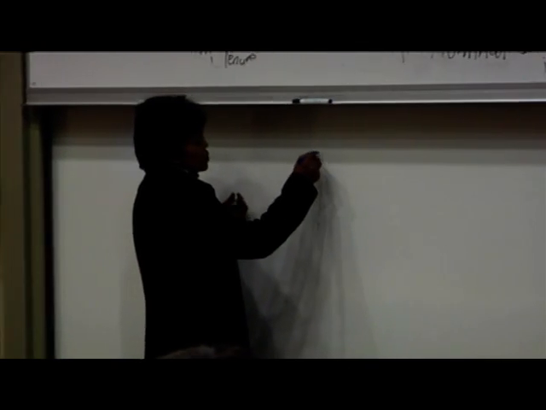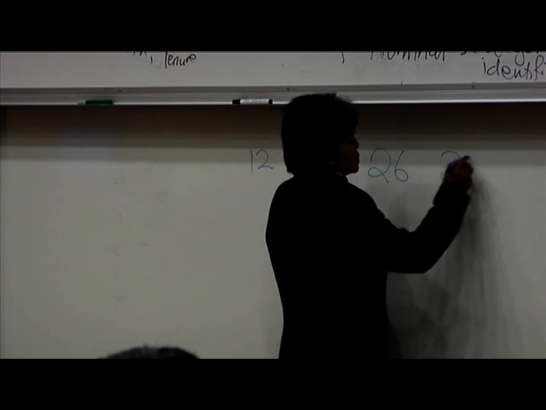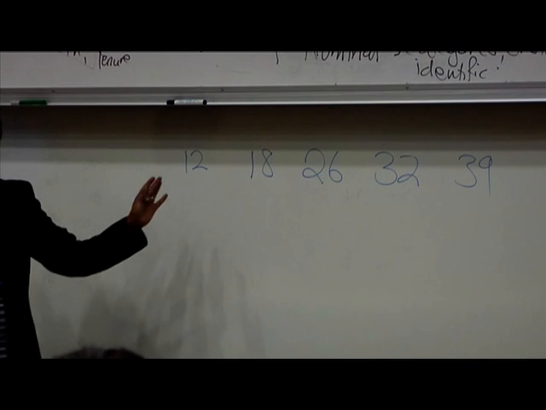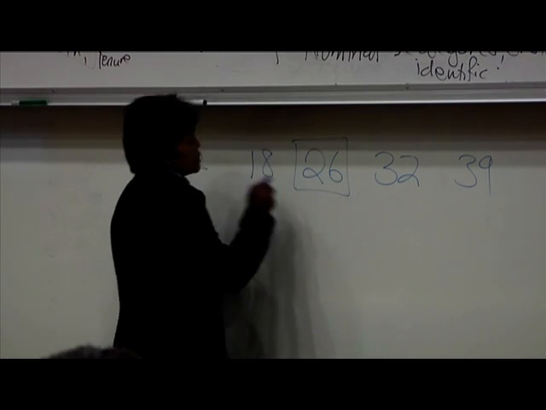Okay? The median is the middle score value. If we say we've got 12, 18, 26, 32, 39, then we've got to arrange it in ascending or descending order. I've done it in the interest of time. And the median becomes the middle score value, 26, 2 on either side.